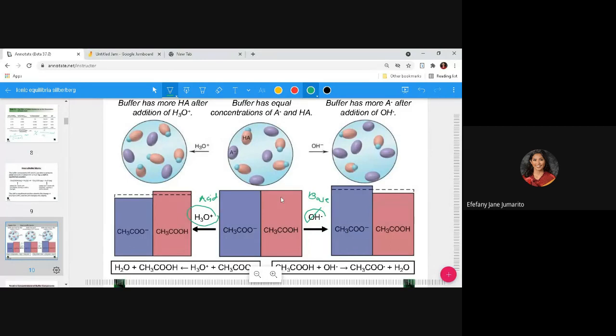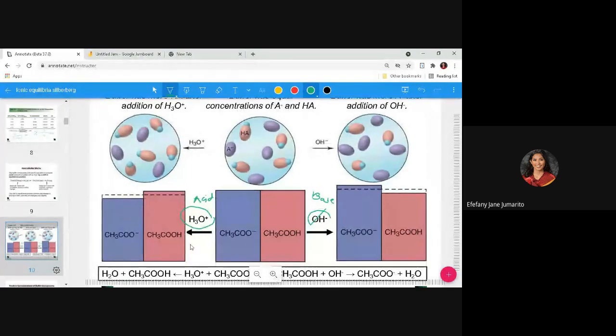Now, if we add more, this one is your reaction, the violet or the purple one. The purple is your conjugate base. And then your orange is your weak acid. All right.